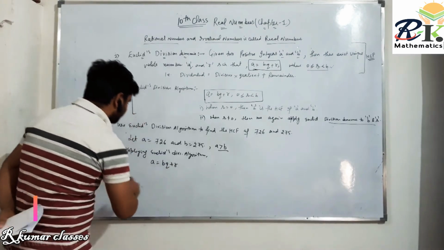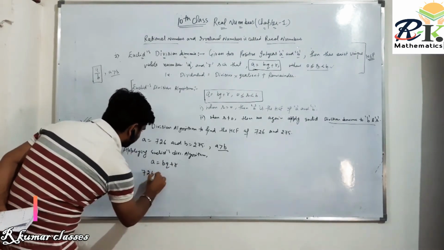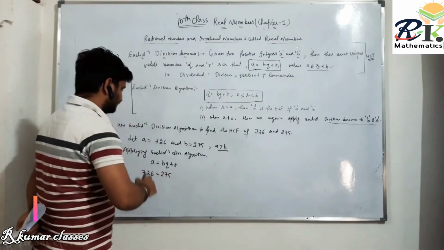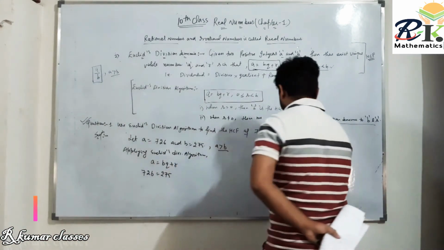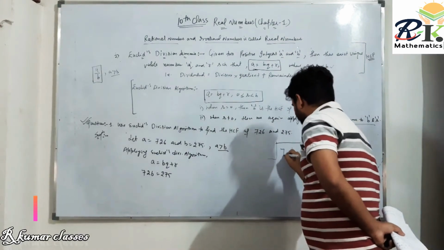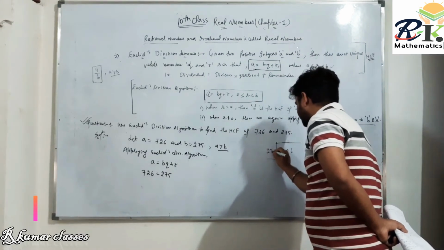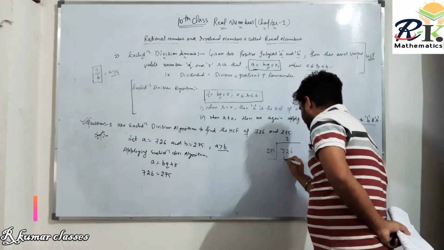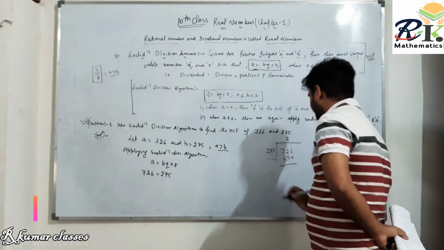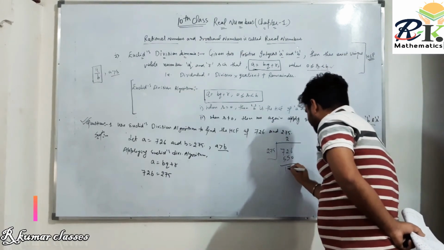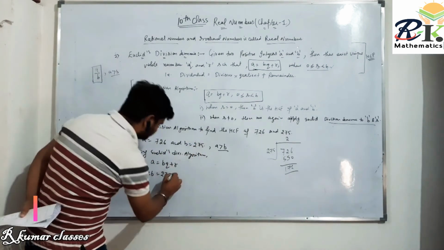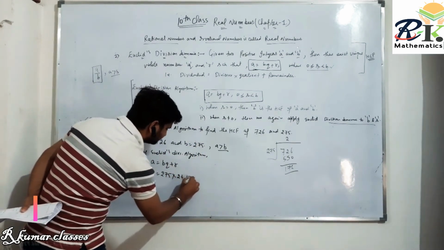Here a is 726 and b is 275, and what is q? q comes when we divide. We write 726 divided by 275. When we divide, 275 into 2 is 550, so the remainder is 176. The quotient is 2 and the remainder is 176.